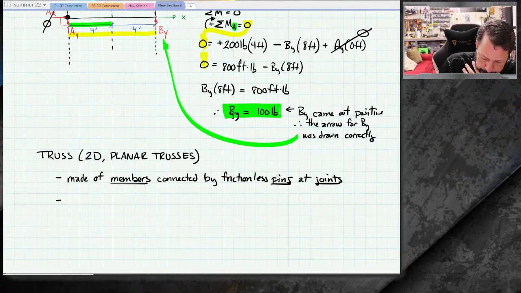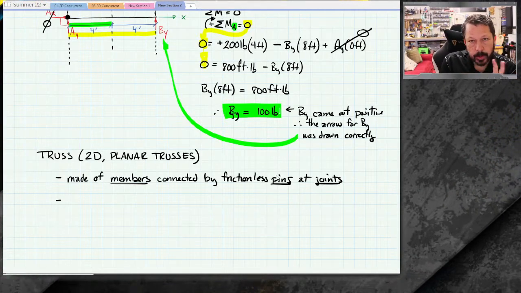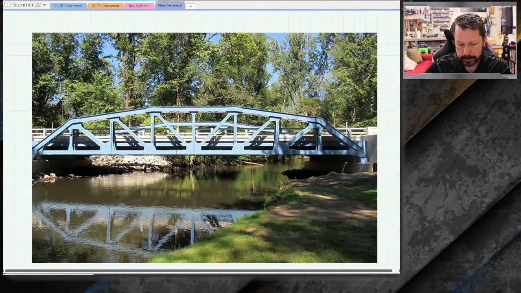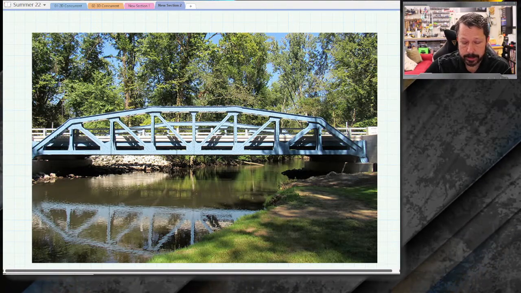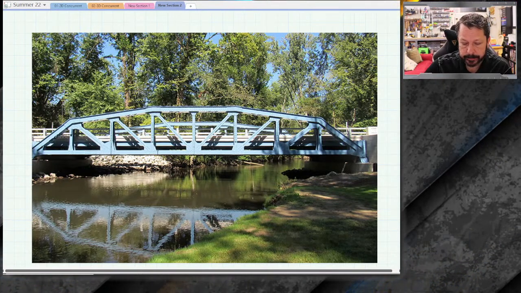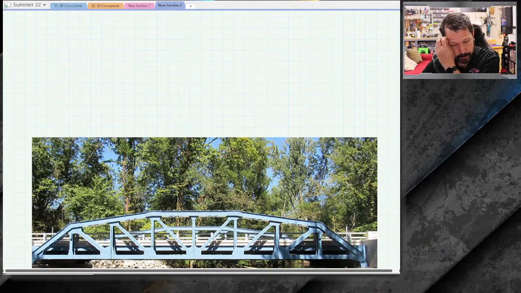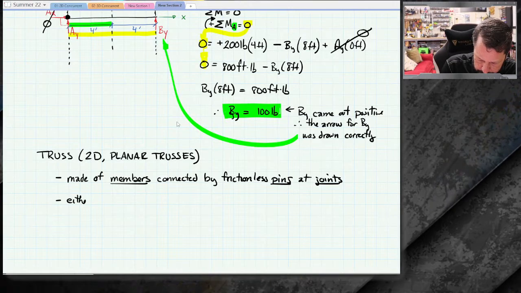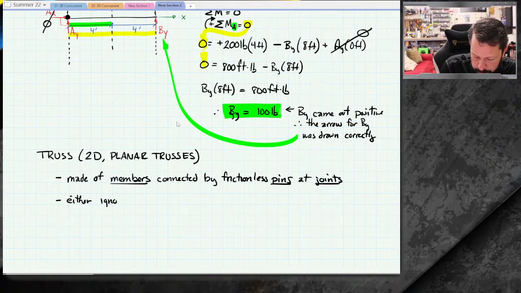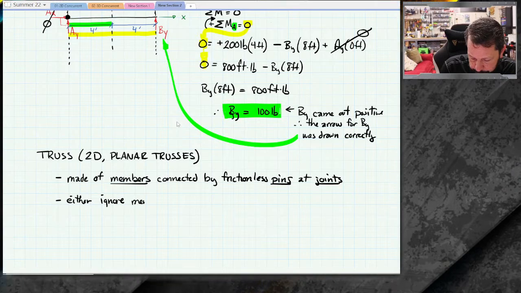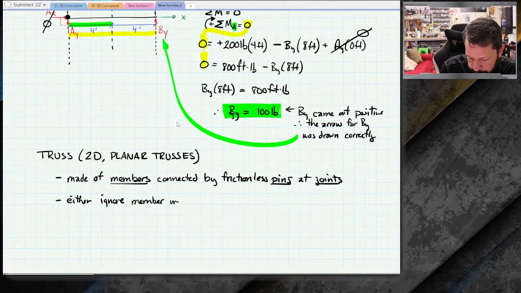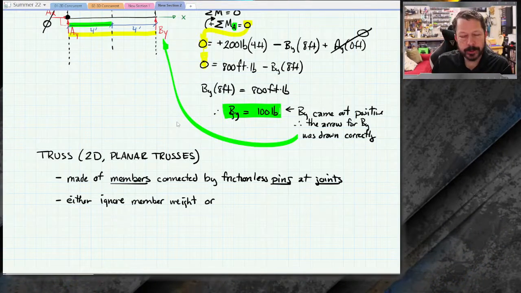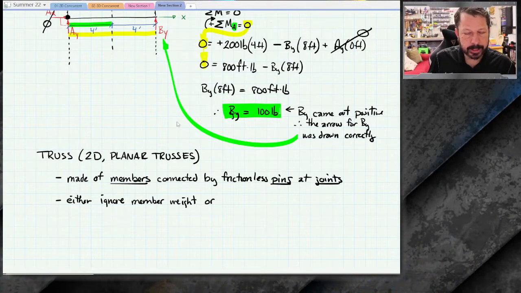In general, we do one of two things with the weight. Each one of these pieces is made out of steel, it's relatively big, so there are hundreds of pounds at least for each one of these members. And we either ignore the member weight, if it's small compared to the loads that we're applying to this thing.